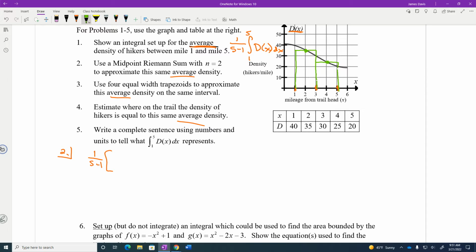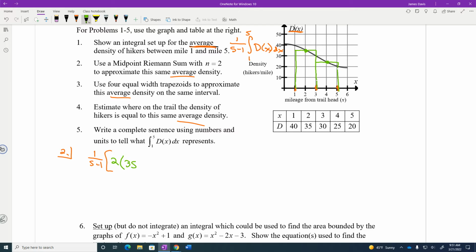And then if you just look at each of those rectangles, what the width of each of those are, and then what the height is. So the first one has a width of 2, right? So it's going to be 2 times the height at 2, and look here just to verify, it's 35.